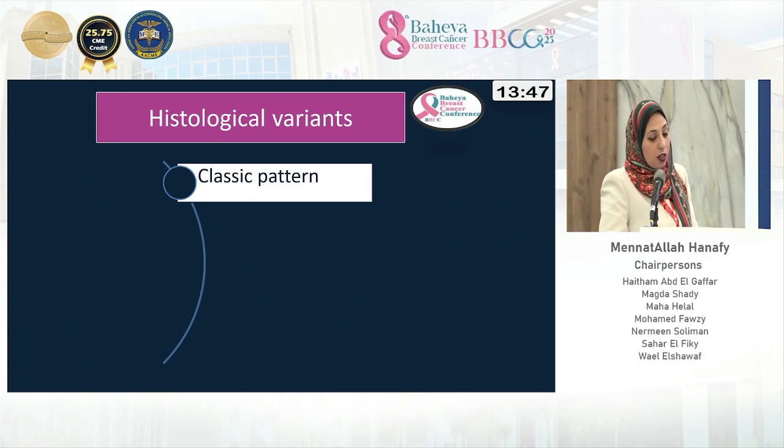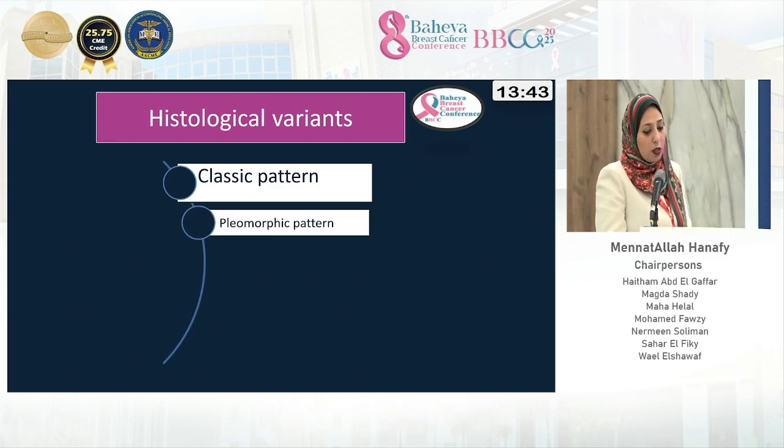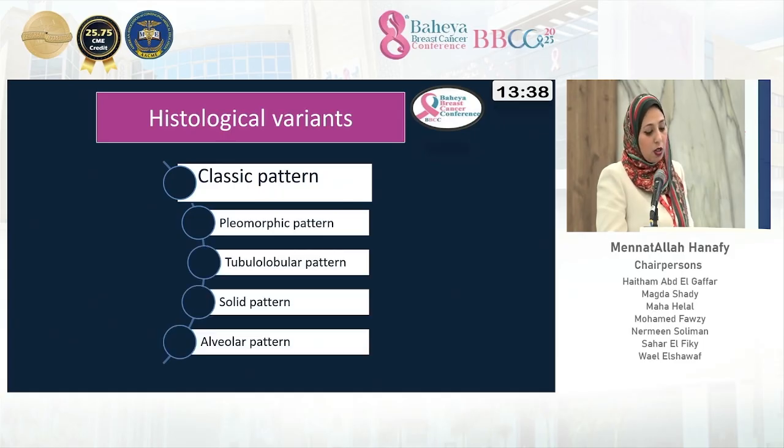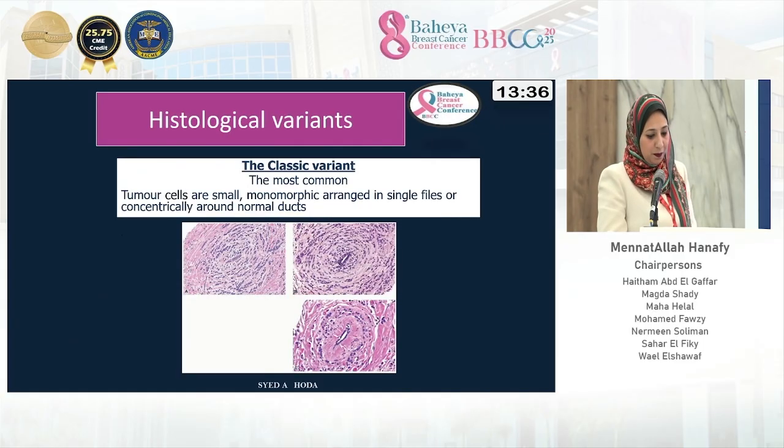The histopathological variants of invasive lobular carcinoma are the classic pattern, which is the most common, pleomorphic pattern, tubulolobular pattern, solid pattern, and alveolar pattern. In the classic variant, the tumor cells are small and monomorphic, arranged in single files or concentrically around normal ducts.